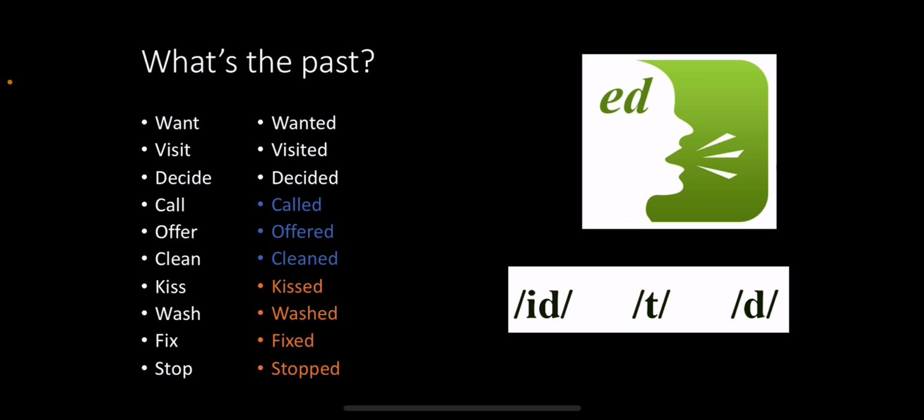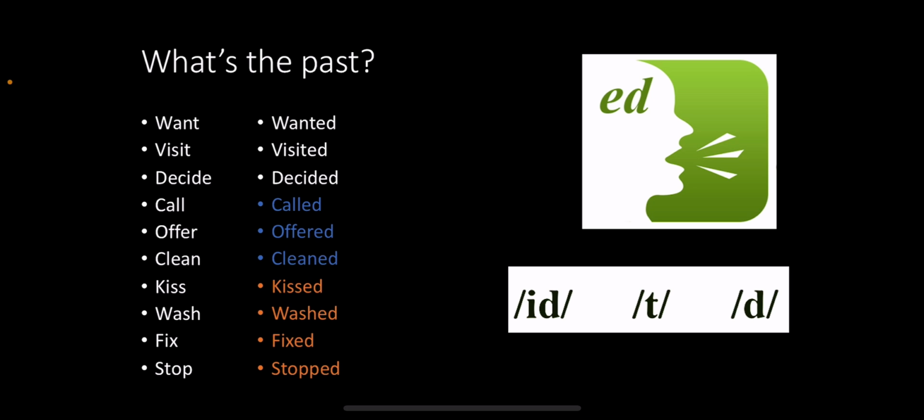How can we check if there is no vibration? The same idea. Pronounce kiss, for example, and make the S longer. And pronounce wash, fix, stop, and make the last sound longer. You're going to discover that your throat, your vocal cords, your neck are not vibrating at all.